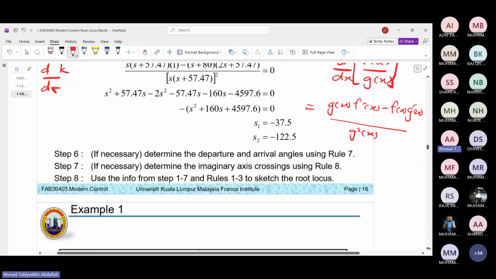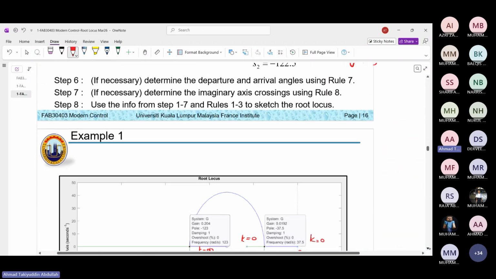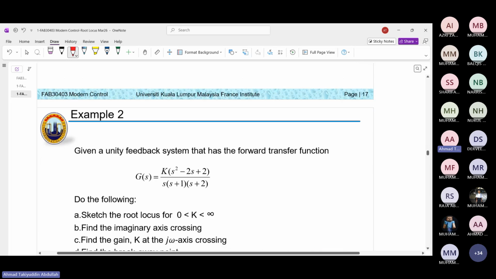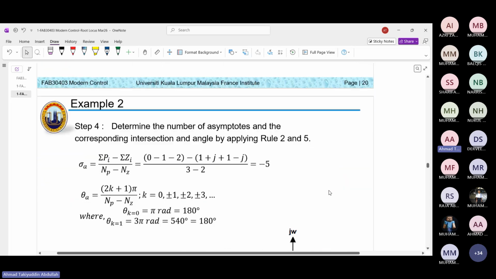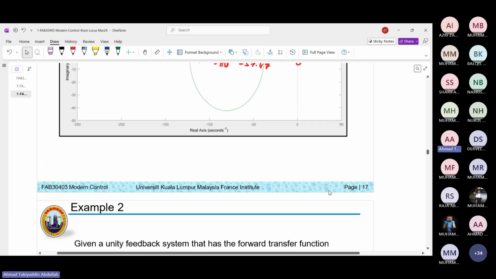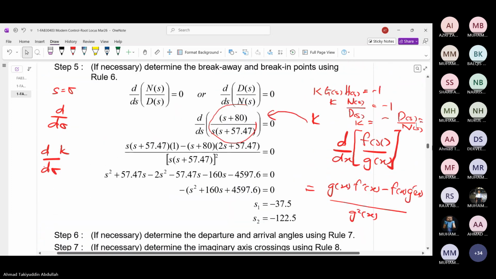Because that is what will be in my consideration for the breakaway point and break-in point using the transition method. So I'm going to have d over ds of minus D(s) over N(s) equal 0.